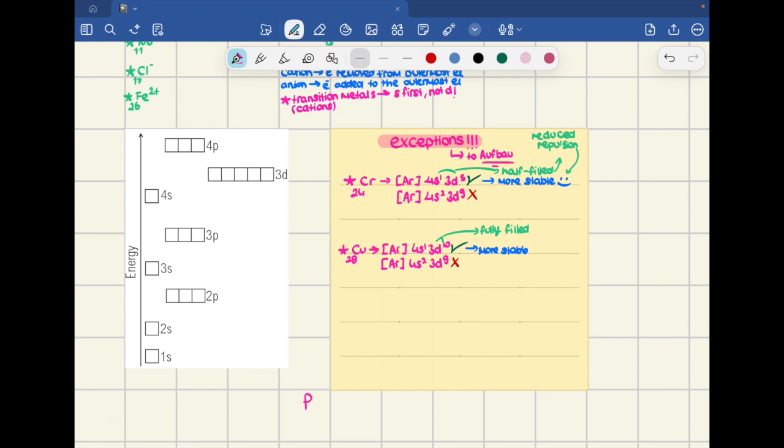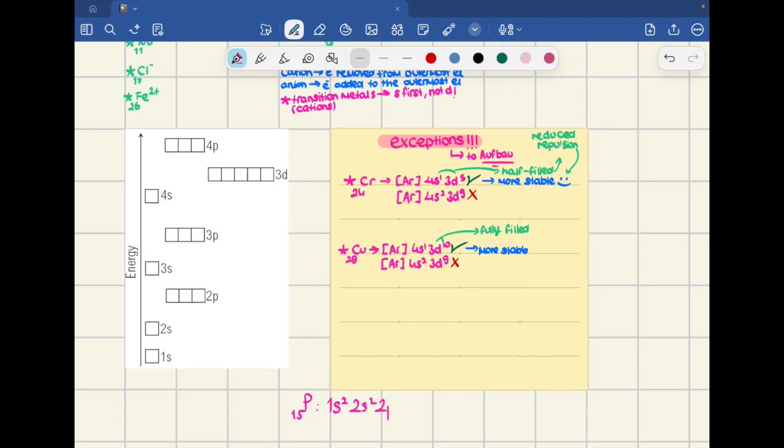It has 15 electrons. In the first main energy level, we only have the s sublevel here, and it is filled up, 1s2. Then we move on to the second energy level. This s sublevel will also be fully occupied.